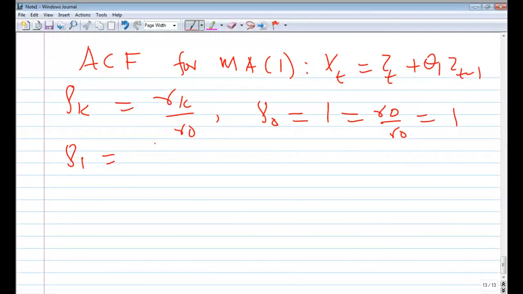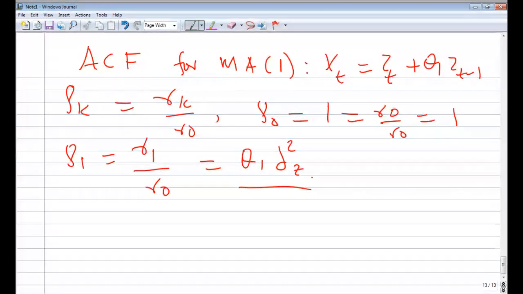So rho 1 is equal to gamma 1 over gamma 0. So the question is, what is gamma 1? Gamma 1, if you still recall, is theta 1 sigma squared z, divided by gamma 0, which is 1 plus theta 1 squared multiplied by sigma squared z.